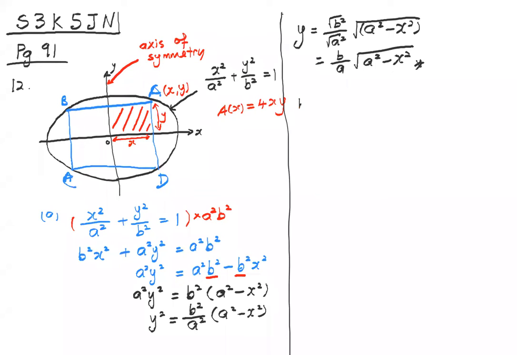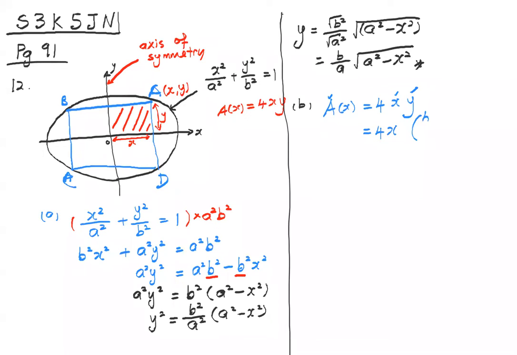So next part, we are talking about finding the area. So we know that A of x is equal to 4 times x times y, correct? So now we have to replace the y with x because we cannot have 3 variables in one go. This is 1 variable, 2 variable, 3 variable, cannot. So we replace the y with x.